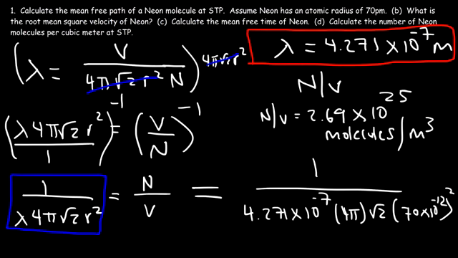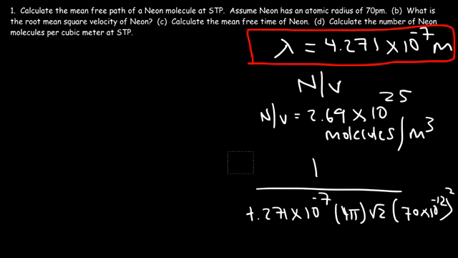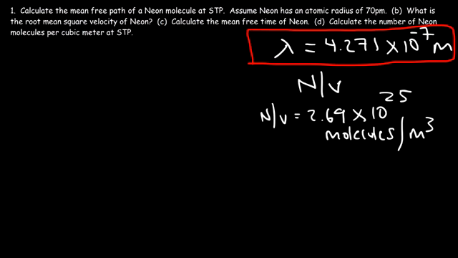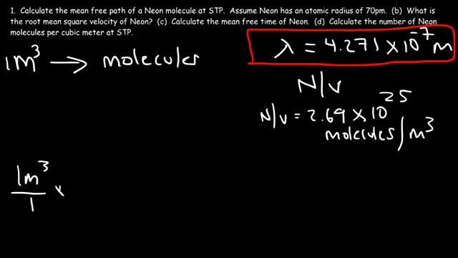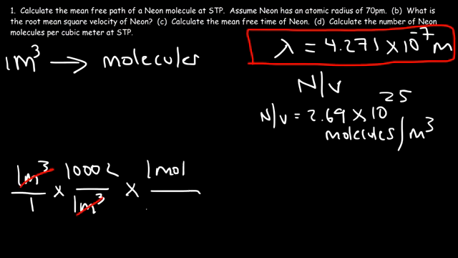Now let's talk about other ways in which we can get that same answer, because this is not the only way. What we could do is convert 1 cubic meter to the number of molecules. So let's start with that. Now it's important to understand that 1 cubic meter is equivalent to 1,000 liters. And at STP, 1 mole of gas has a volume of 22.4 liters.